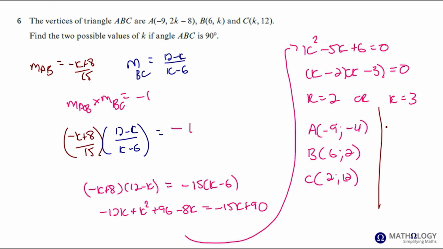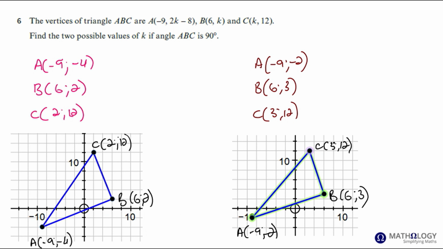And when k equals 3, A will be (-9, ...): 2 times 3 is 6, minus 8 is -2. A is the point (-9, -2). B will be (6, 3), and C will be (3, 12). We can illustrate the right angle triangle ABC with both conditions, when k equals 2 and when k equals 3.